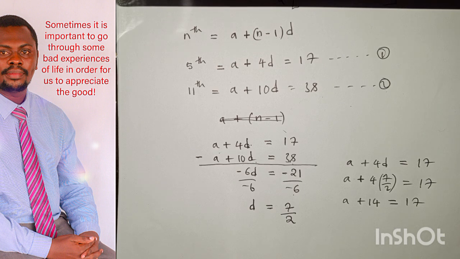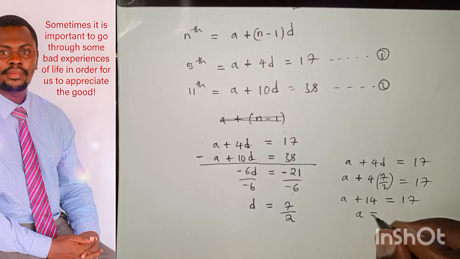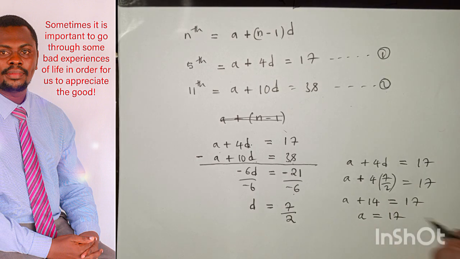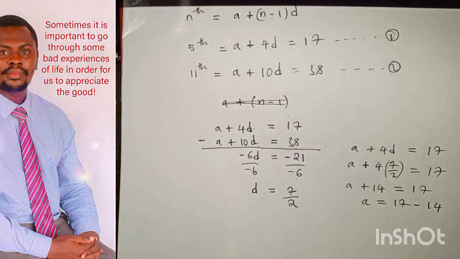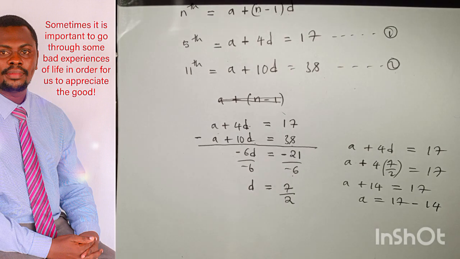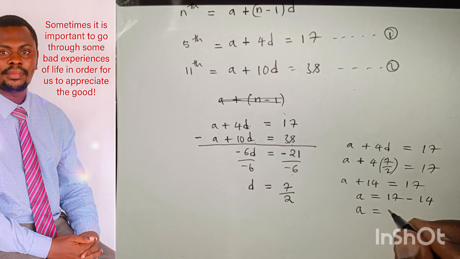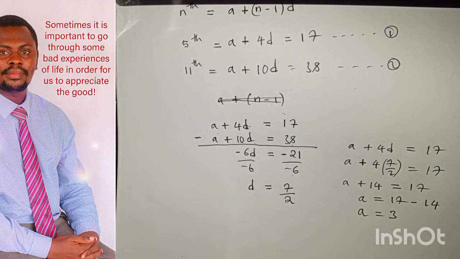So you subtract 14 from both sides of the equation. So minus 14 here will cancel out plus 14. So we are going to remain with A is equal to 17 minus 14. What is 17 minus 14? Yes, that is 3. So A is equal to 3.